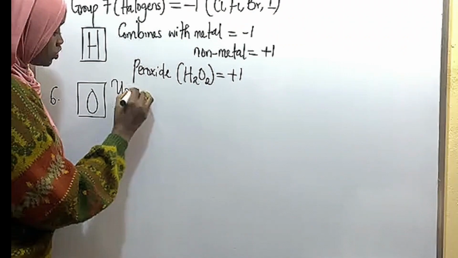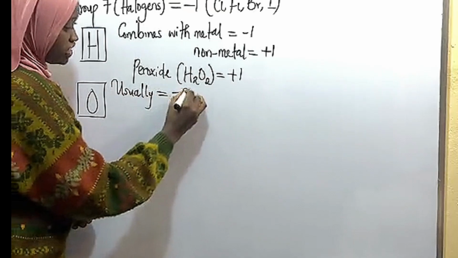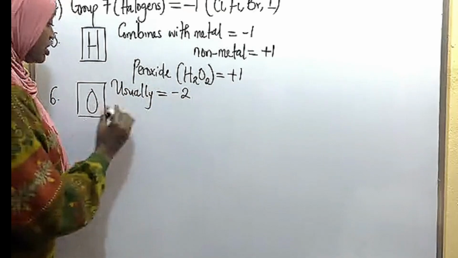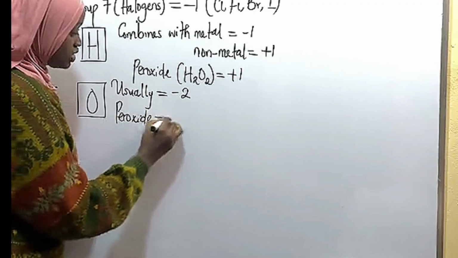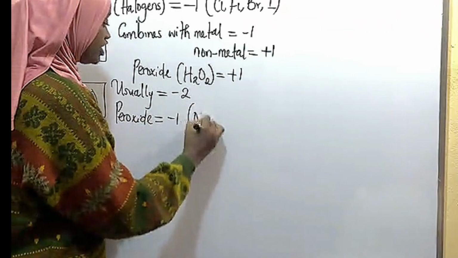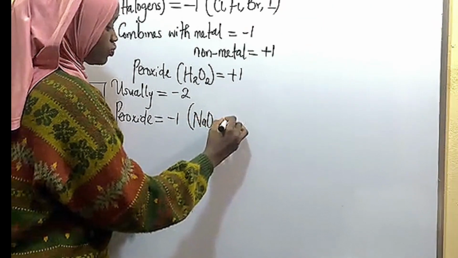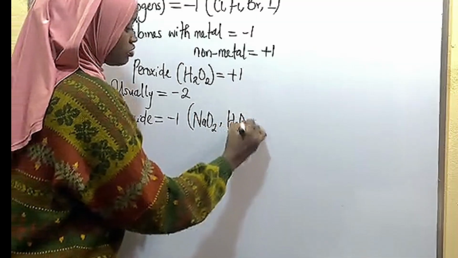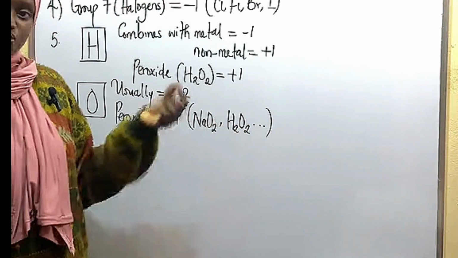Usually, the oxidation number of oxygen is equal to -2. But when oxygen exists as a peroxide, its oxidation number is -1. Examples are sodium peroxide, hydrogen peroxide, and so on. So let's take notes, very important.